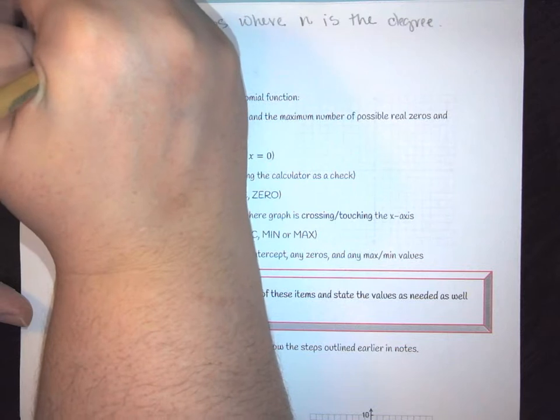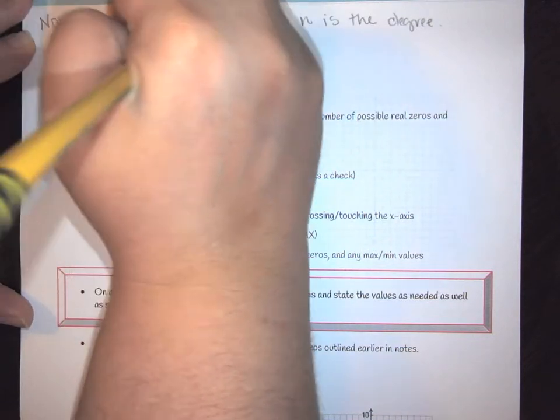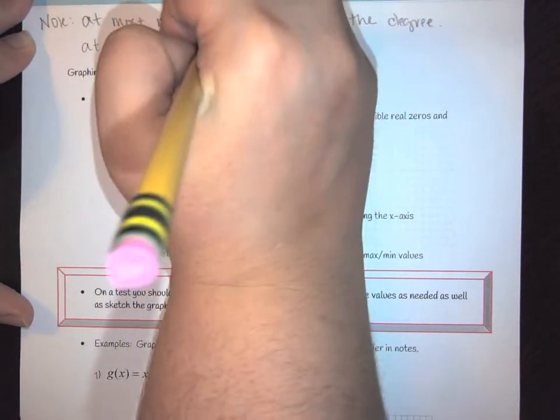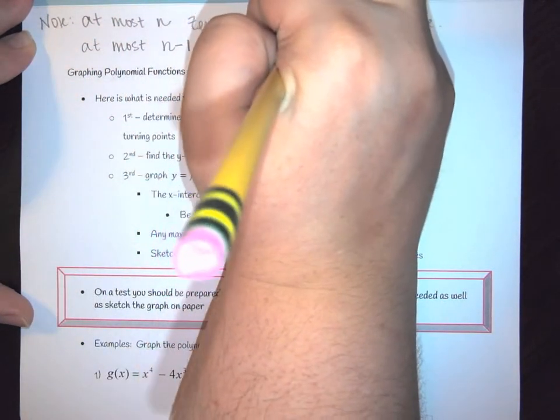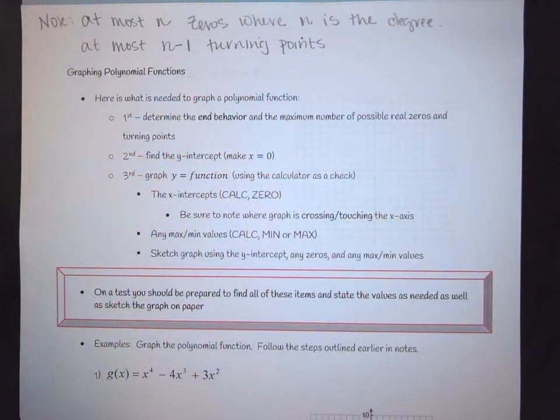You will also have at most n minus 1 turning points. So in other words, whatever your degree is, that's going to tell you how many possible real zeros you have. And then take that degree, subtract 1, and that tells you how many turning points that you may have. Okay, so turning points essentially mean changing direction.